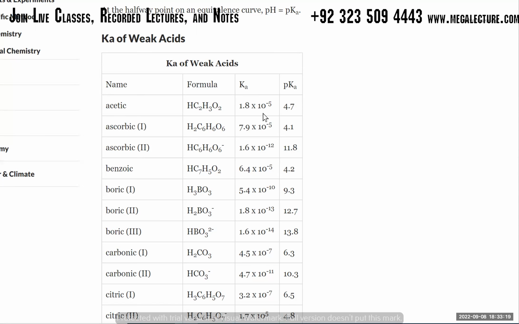Just 1 second. 1.8 exponent minus 5. अच्छा, I get minus 4.7, ठीक है?